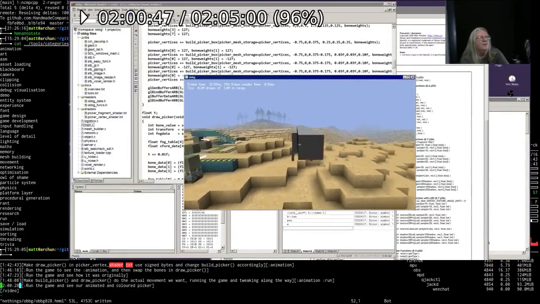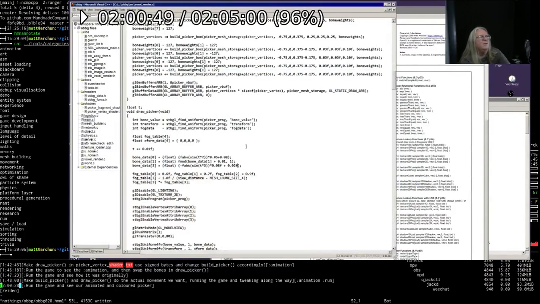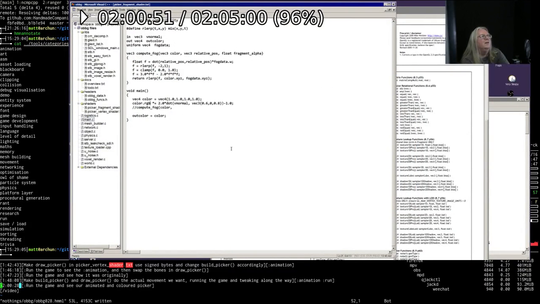Okay, so clearly the wraparound part didn't work. Oh, because I forgot to do the 2 times that minus 1. It needs to be plus 1.